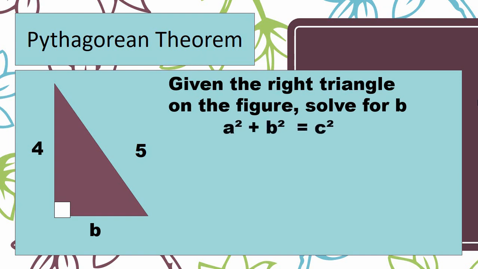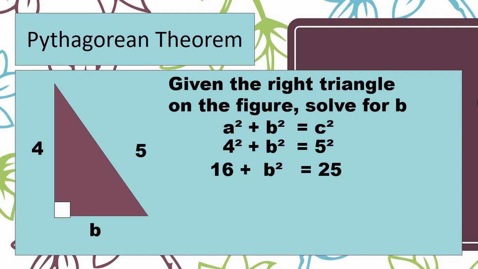Using the same formula, a square plus b square equals c square, and substituting the given, we have 4 square plus the unknown, which is b square, equals 5 square, and that is the hypotenuse. So we have 16 plus b square equals 25, because 4 square is equal to 16 and 5 square is equal to 25.